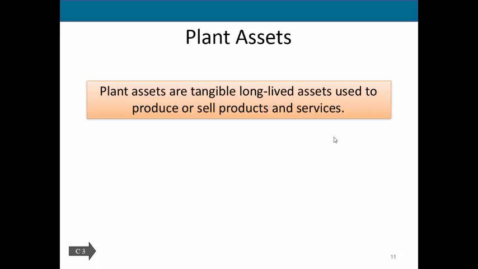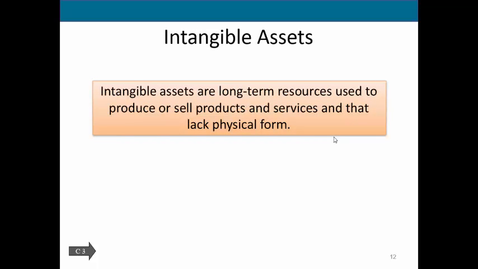Plant assets, those are typically any type of machinery or things that you're going to be using. Intangible assets, if something is intangible, you can't touch it. So an example of an intangible asset would be something like a patent. A patent has value, but it is not an actual machine.